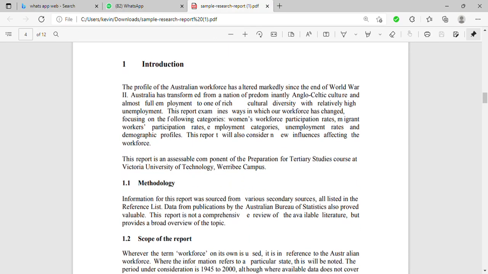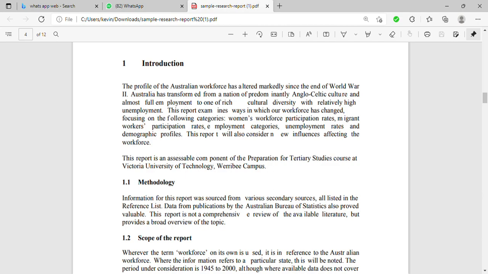So we start with introduction, because we said when we are writing a research report, the first thing we write, after the preliminary pages, we go to chapter 1, which is introduction. So we introduce the report.